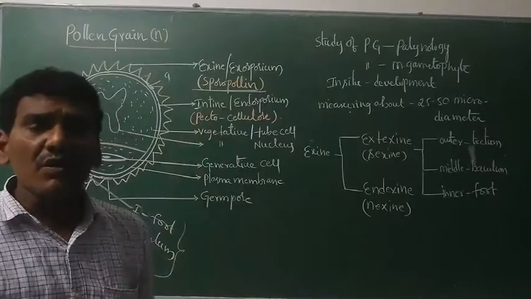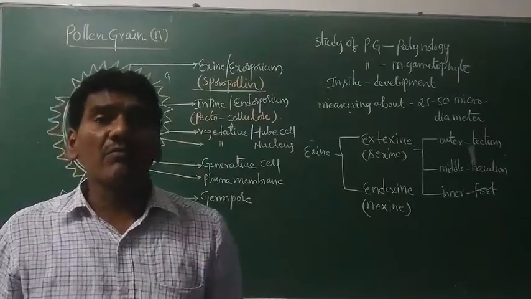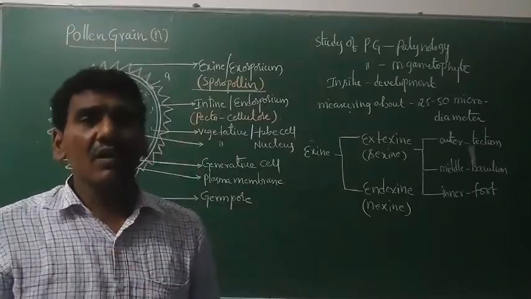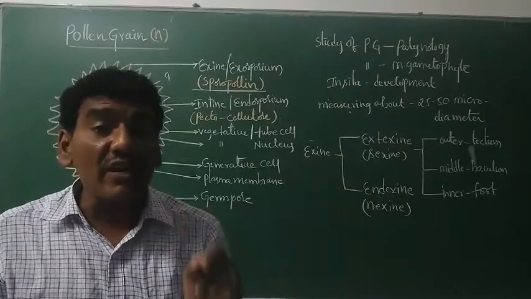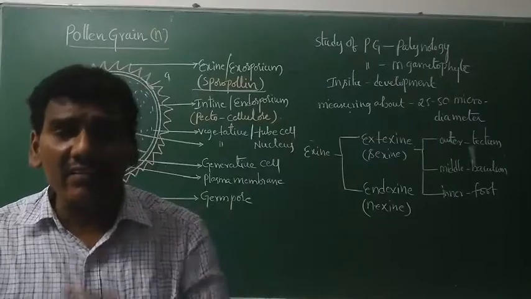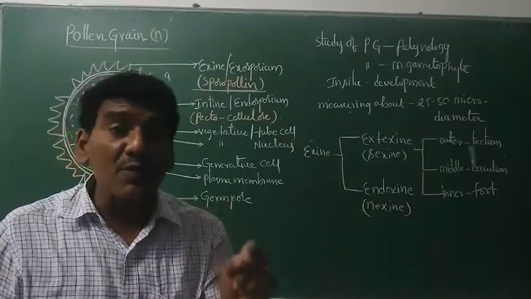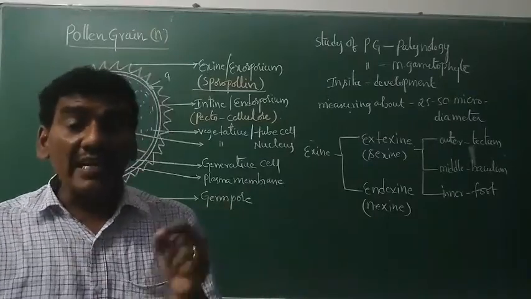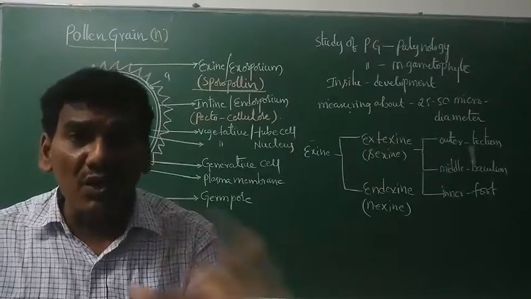One important point: the exine is a discontinuous layer, while the intine is a thin and continuous layer. The exine is made up of sporopollenin, the intine is made up of pectocellulose.